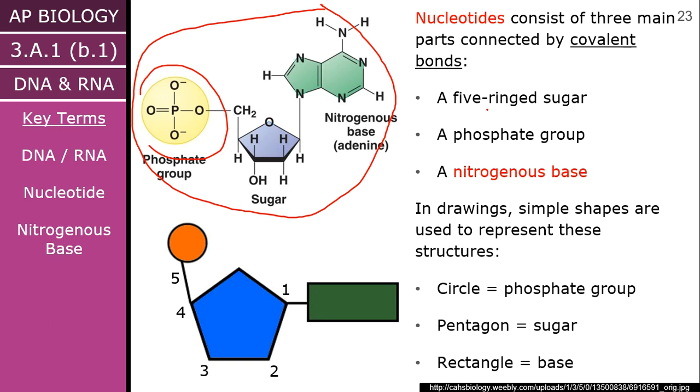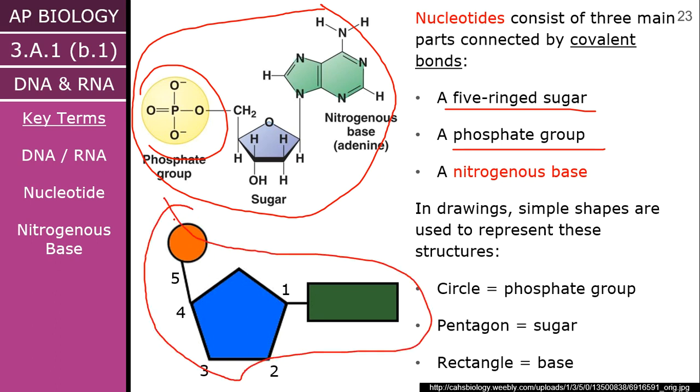But all nucleotides have a 5-ringed sugar. Okay, so that's why it kind of makes that pentose shape, that pentagon shape. And then there's a phosphate group. We usually represent that with a circular shape, often in this simplified diagram right here. Okay, so here I have my phosphate group. Sometimes you'll see that there's a P in there. Sometimes you'll also see a minus sign because there's that O negative right here.